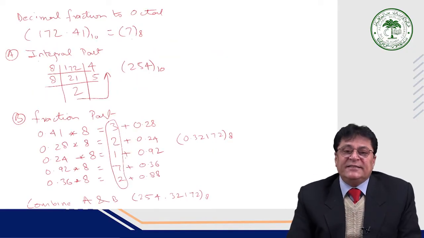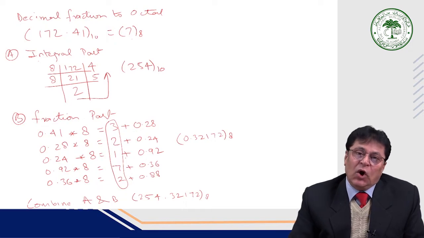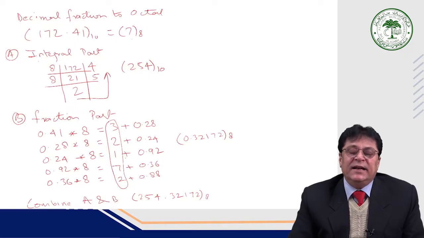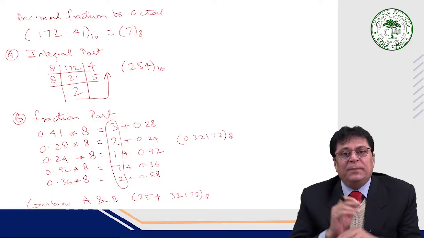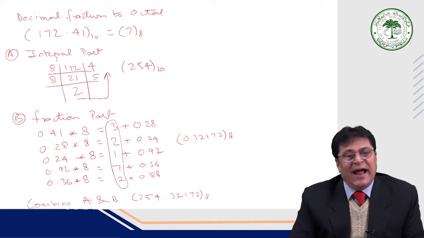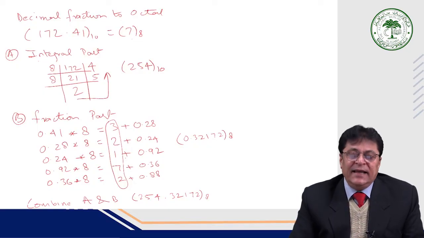Now, let us see what if we have a decimal fraction which is to be converted to octal. We discussed that in that case we will treat the integral part and the fractional part separately. First, we will handle the integral part, and then we will handle the fractional part.